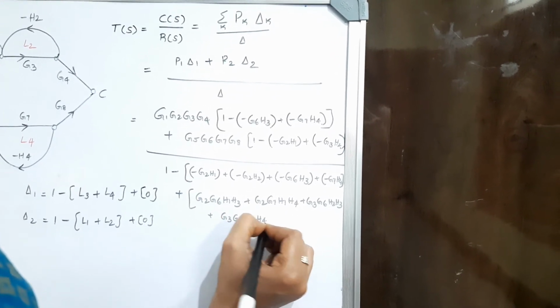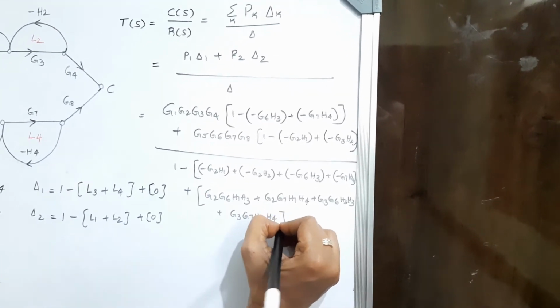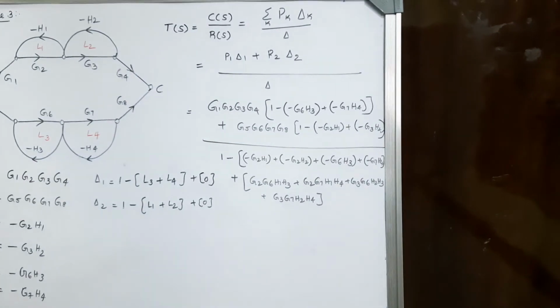So this is the combination of loops which are not touching to each other.